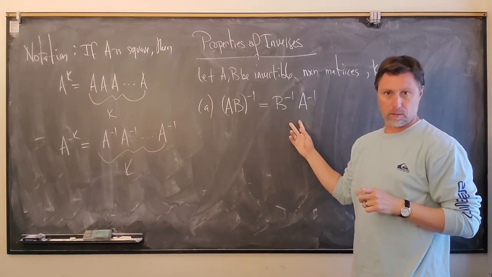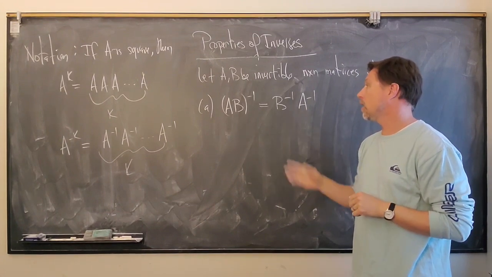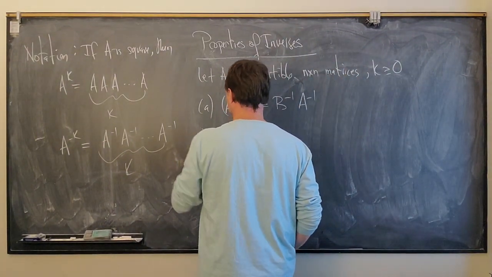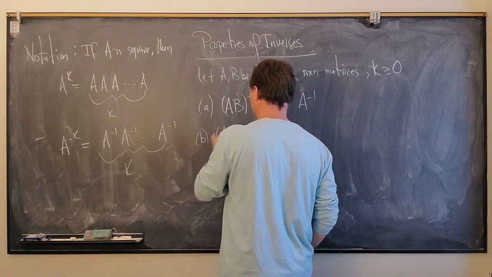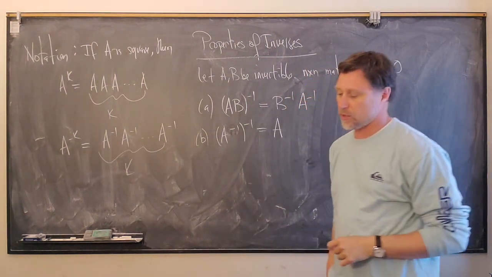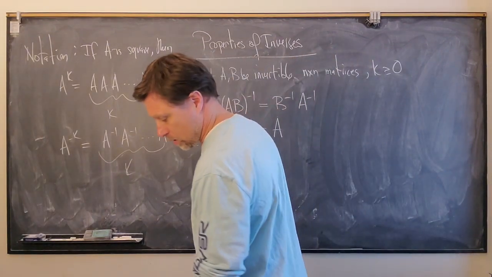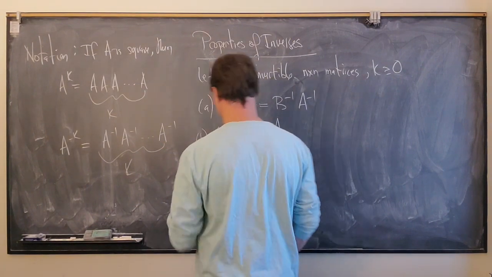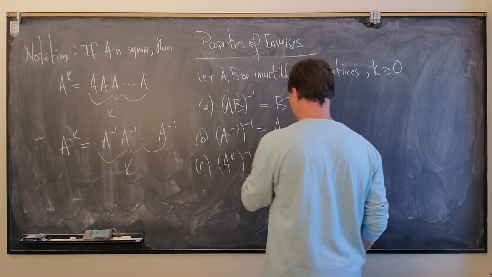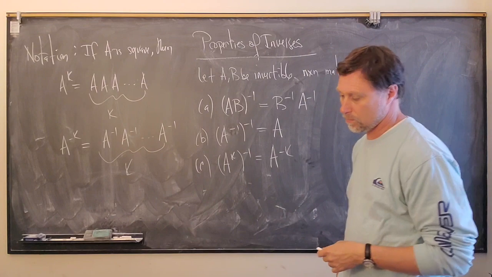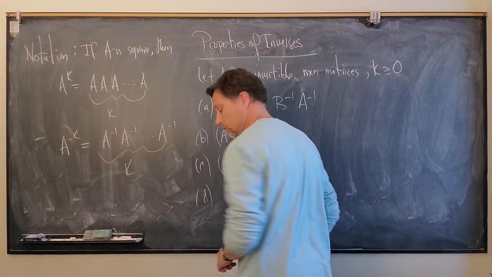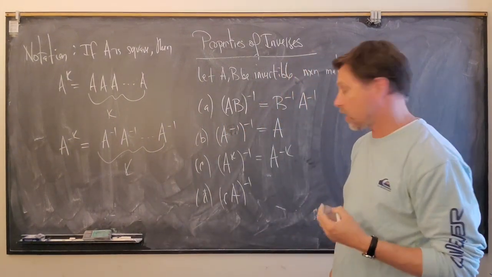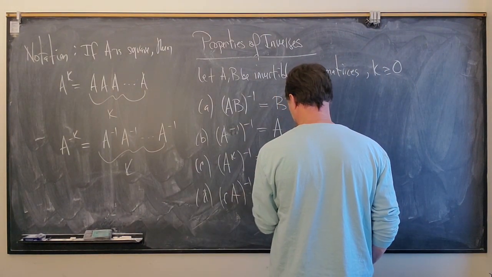Check this. Explain to yourself why this is true by understanding what it means to be an inverse of A times B. Property B: the inverse of the inverse is the original matrix, so A inverse inverse is A. Part C: A to the K inverse is A to the minus K. And the last property here: the inverse of the matrix R times A is 1 over R times A inverse.